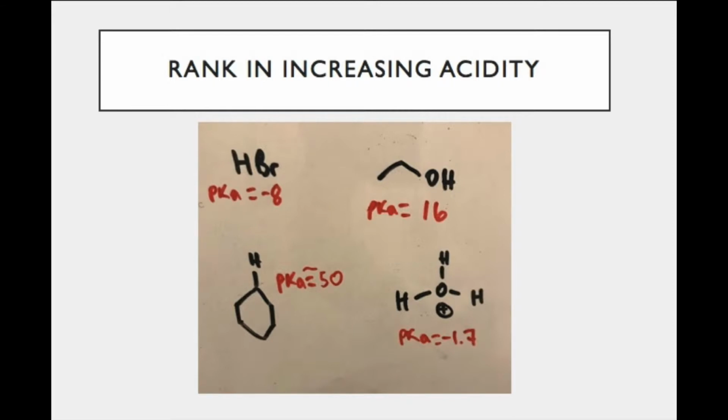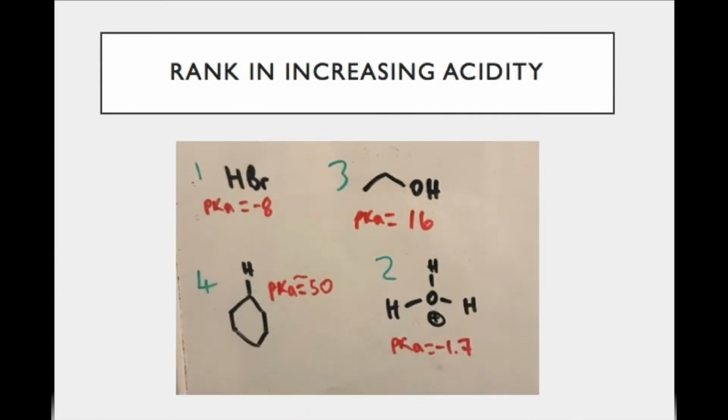Right off the bat, you should see that HBr is going to be the most acidic because it has a pKa of -8. The hydronium molecule is going to be the second most acidic because it has a pKa value of -1.7, and then the primary alcohol, and then your cyclohexane. So we're going to go ahead and show you what that looks like.